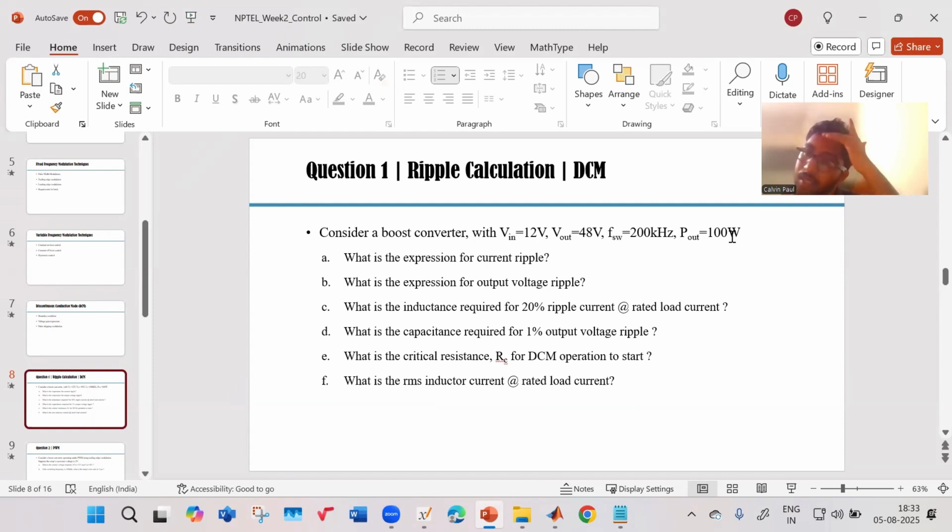They are asking for the expression for current ripple, output voltage ripple, how much inductance is required, what is the capacitance required, what is the critical resistance RC, and what is the RMS inductor current at rated load current. Let's tackle it one by one.